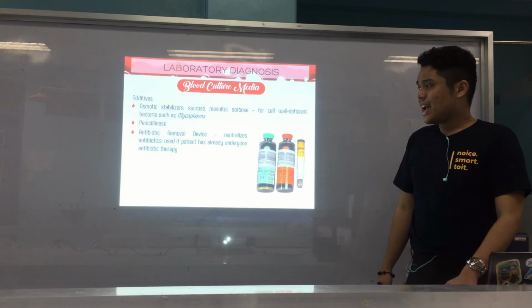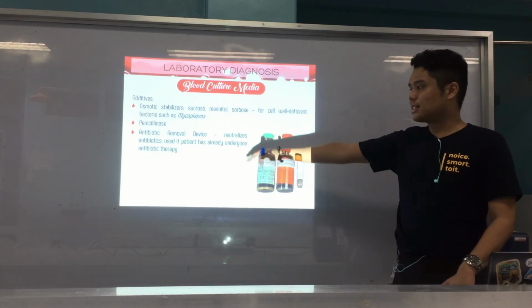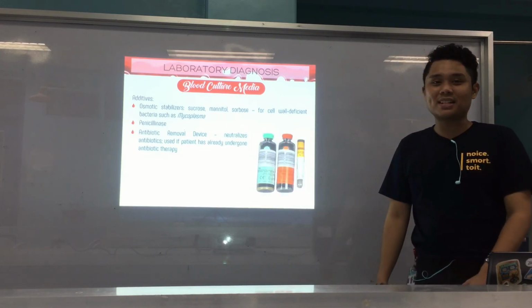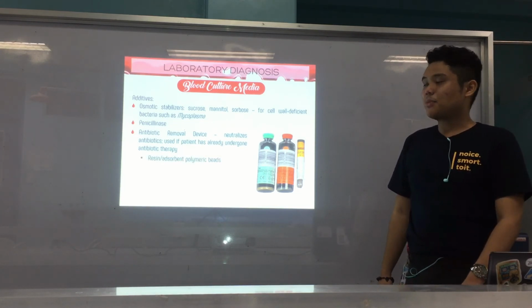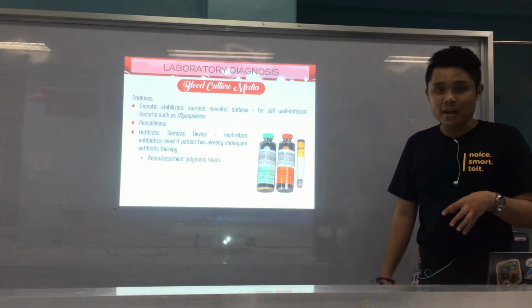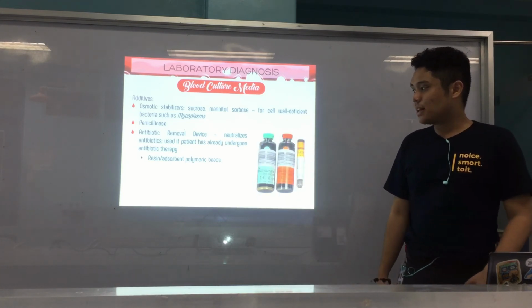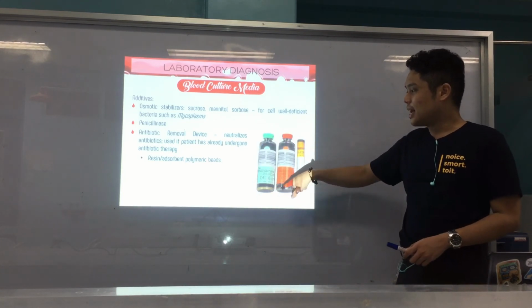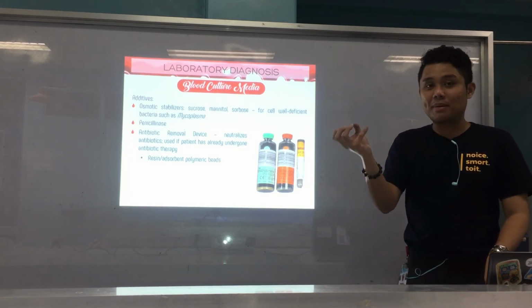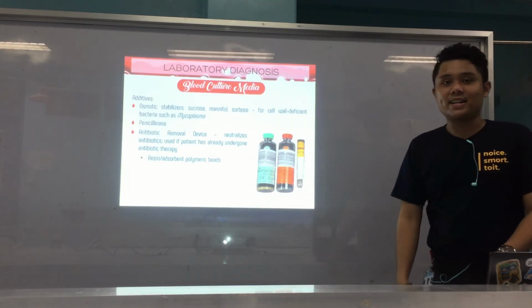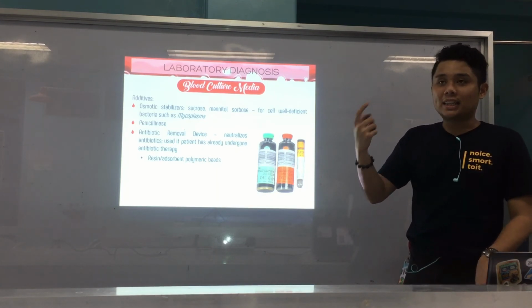And ARD, antibiotic removal device, still the same, by the name itself, removes antibiotics. Again, if the patient had already undergone antibiotic therapy. And ARD may come in the form of resin or adsorbent polymeric beads. So, kani mga beads, kabante mo ana sa inyong blood culture bottles, buhon sa internship na siya beads. Alright, so those are ARD. So, mutapot ang antibiotic there.